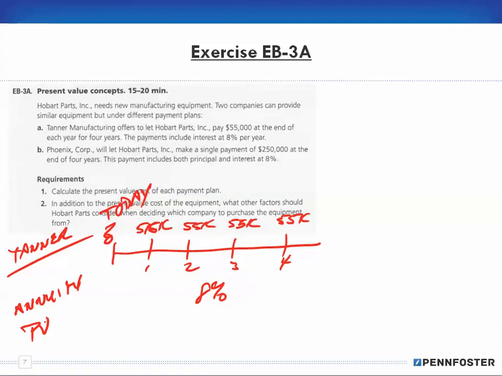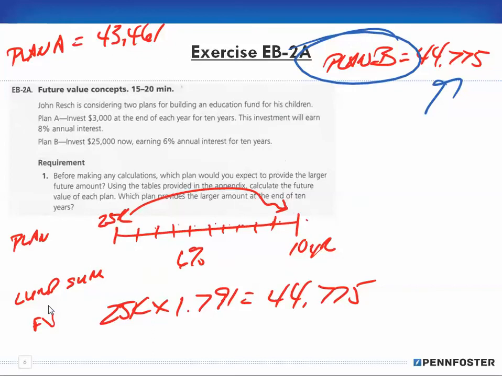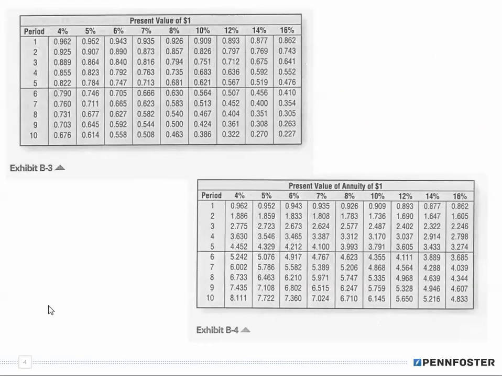So we're looking at the present value of an annuity, and when we jump up to that table, it was at 8%, and it was for 4 years, so we're using a factor of 3.312. Right there.